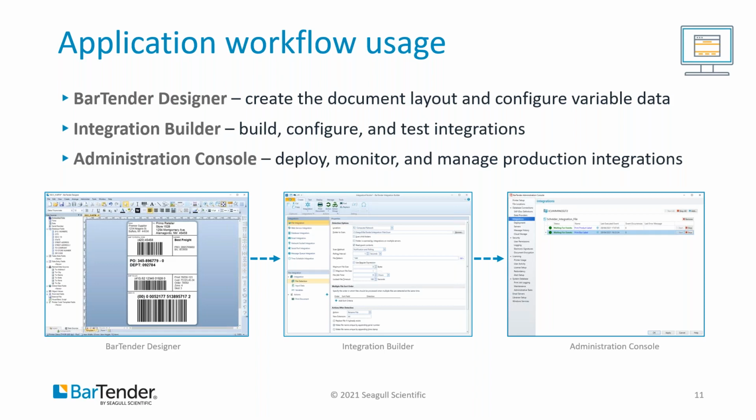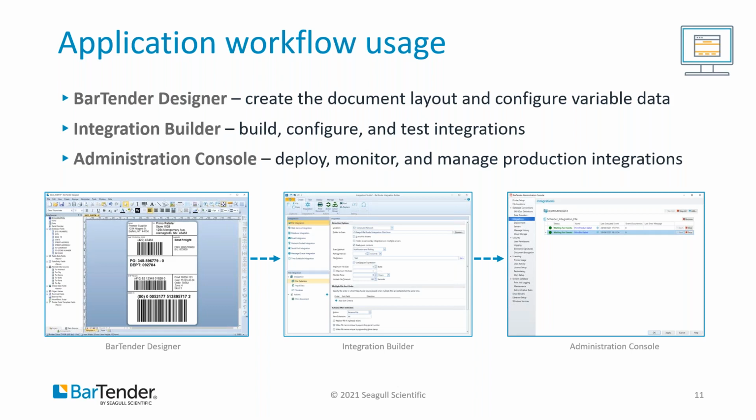You want to make sure that in the world of automated printing you can set the variable data on that label with the transactional data coming from the business system. So you've got to make sure that that is properly configured and exposed so it can then be set from your integration.